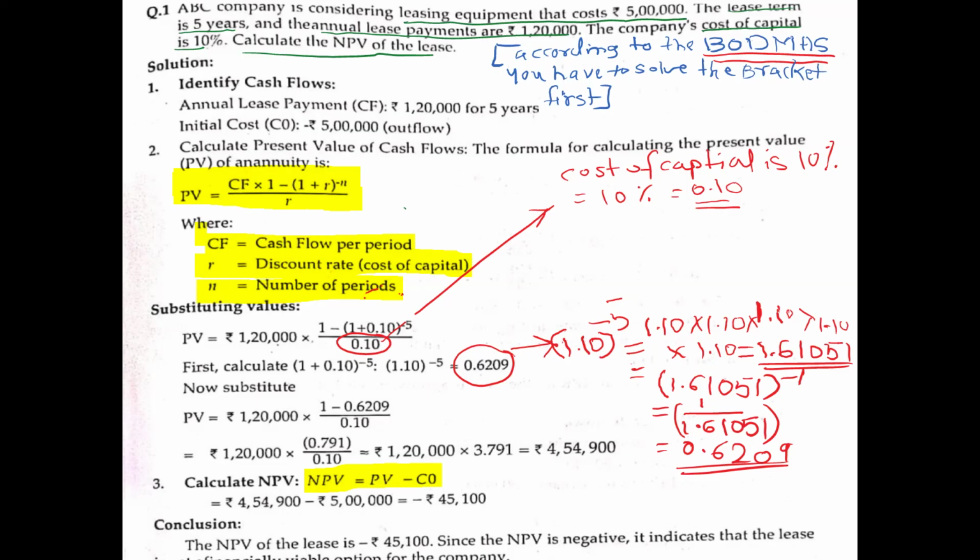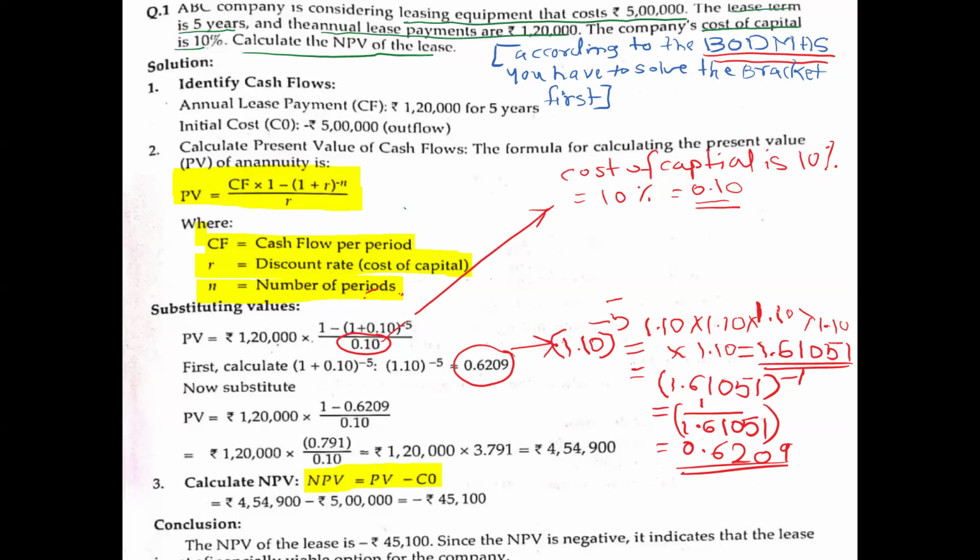and the answer will be 0.6209. So we know how the value has come. Now substitute: PV = ₹1,20,000 into [1 − 0.6209] divided by the cost of capital 0.10.